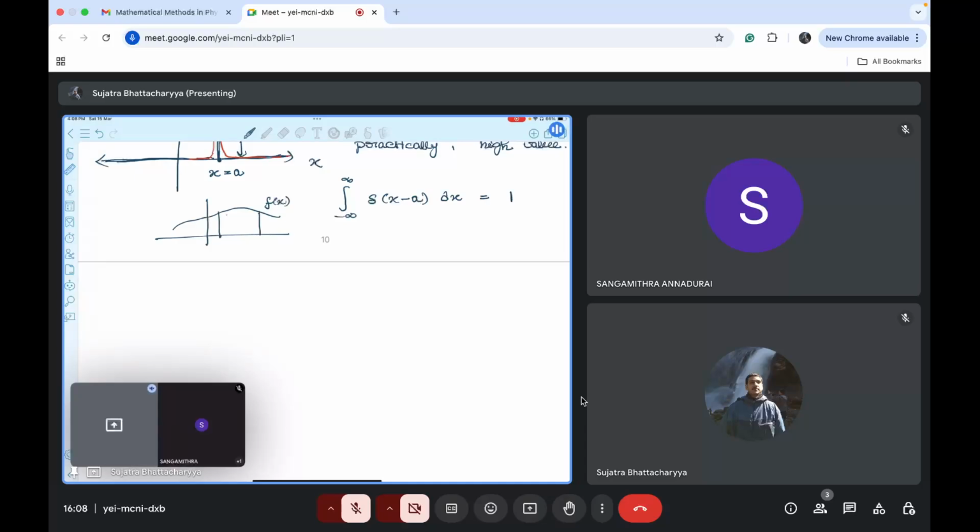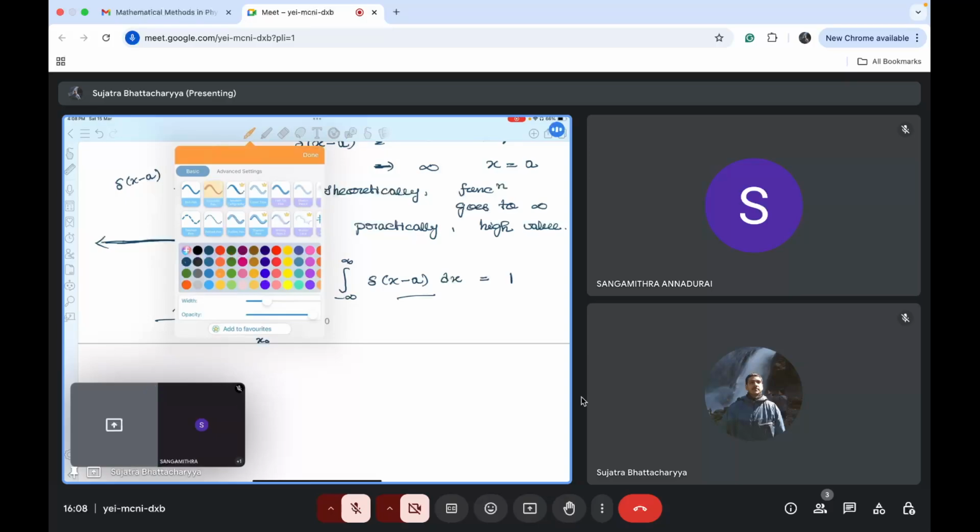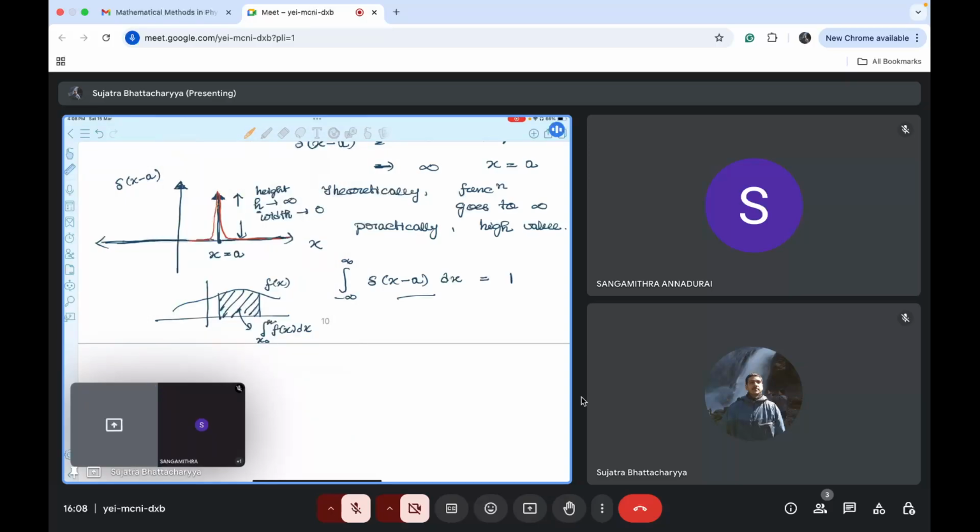It is the area under the curve, right? The area under the curve is represented by the integration of f x dx from x naught to x1, whatever. Wherever you are finding some integration, it is the area under the curve. So the area under this curve is always equal to 1.